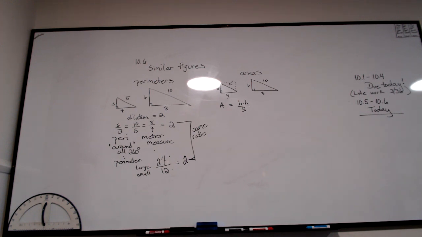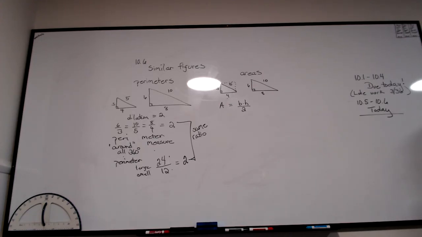What are we actually looking for? Aaron, what am I actually trying to find with area? How much is inside of it? How many little squares fit inside that are whatever our measurement unit is? Okay, so if it's an inch by an inch, how many little squares that are an inch by an inch fit inside?